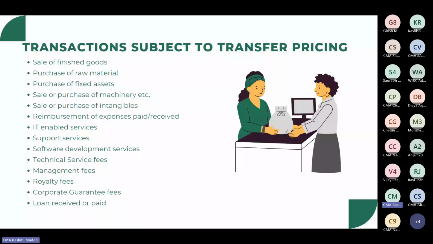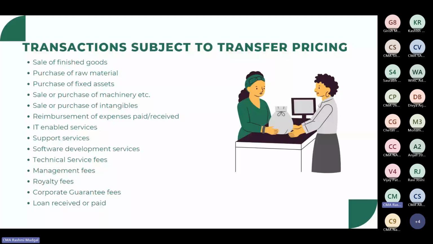Purchase of raw material: when I am purchasing my raw material from another department, that will also be considered. Also, not only from a department, but from a company which is a subsidiary to my holding company or my parent company, where I am associated with them. Okay, purchase of fixed asset.